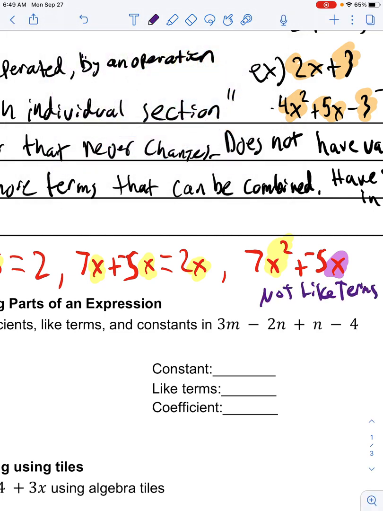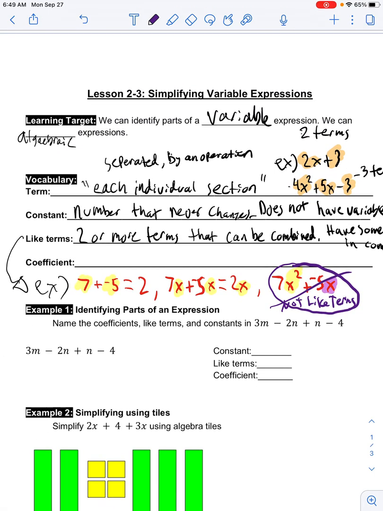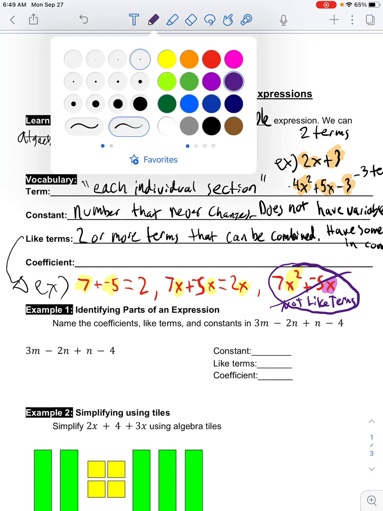That exponent of x squared changes it, because x squared is really x times x. So 7x squared and -5x are not like terms, and we cannot combine them. You can only combine terms that are the same, like terms.